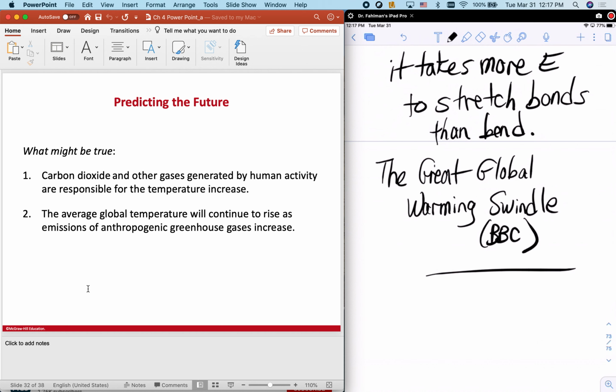And so this is what might be true. So CO2 and other gases, okay, so we're talking like methane and NOx gases that are all generated by human activity, they are responsible for the temperature increase. So this is very likely the case, and it's also likely that the global temperature will continue to rise as we start pumping those gases into the atmosphere.